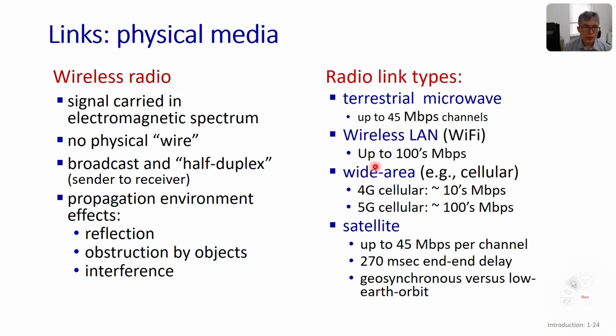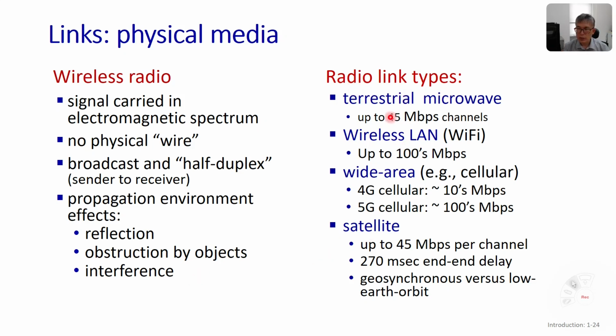And for physical media, we can also have wireless radio types. Usually with wireless radio, the signal is carried in the electromagnetic spectrum. There is no wire, so we can perform broadcasting and have duplex communication. The propagation environment affects reflection, obstruction by objects, and interference is also a factor to be considered.